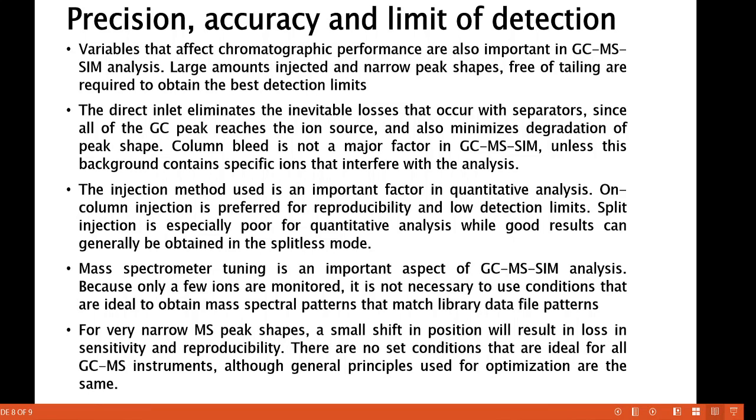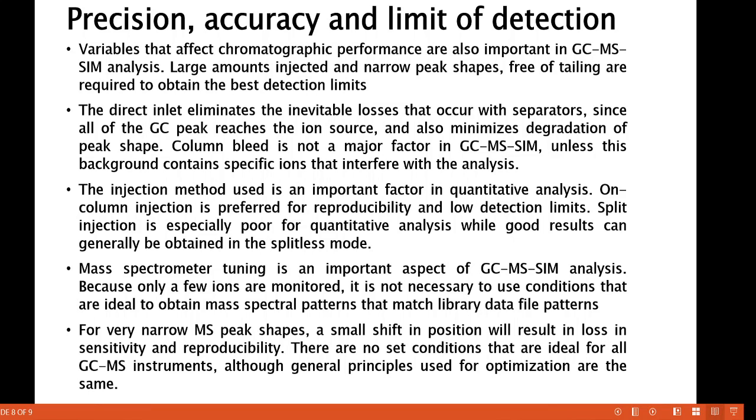The direct inlet eliminates the inevitable loss that occurs with the separators, since all the GC peaks reach the ion source, and also minimizes the degradation of peak shape.